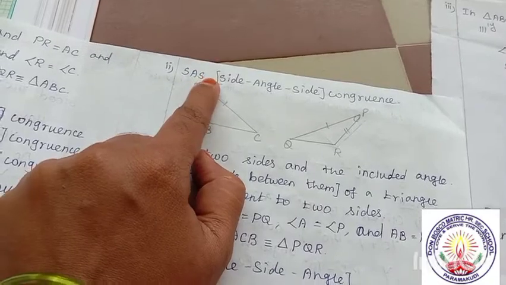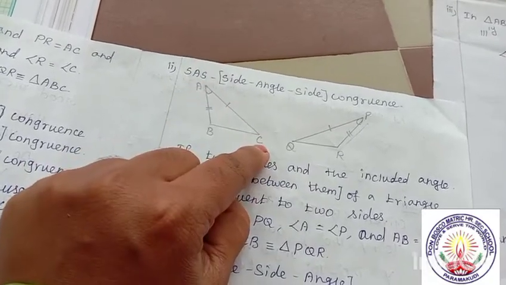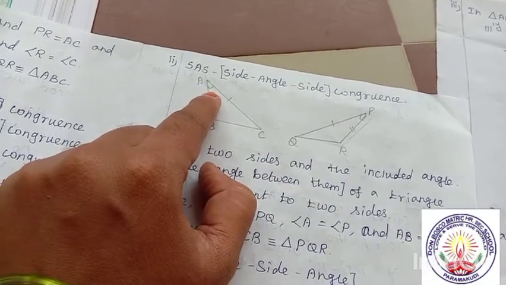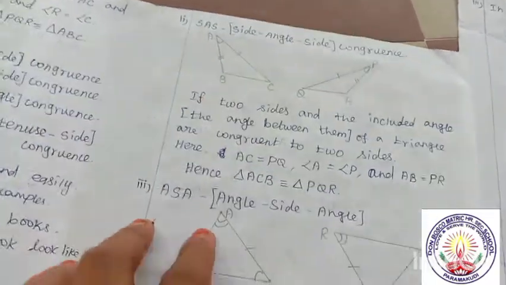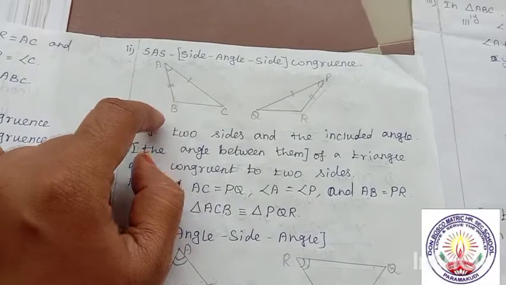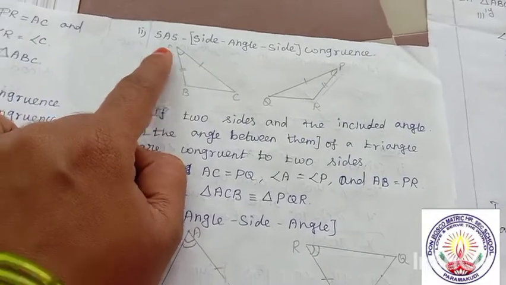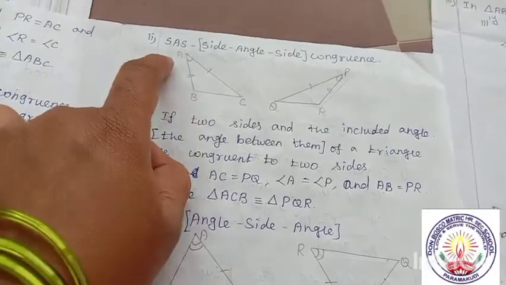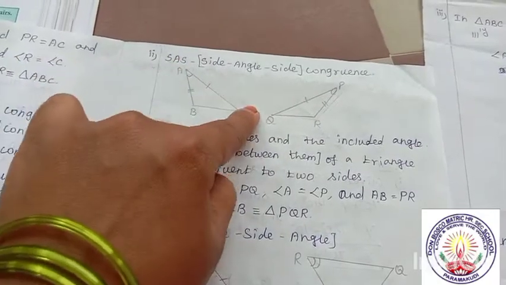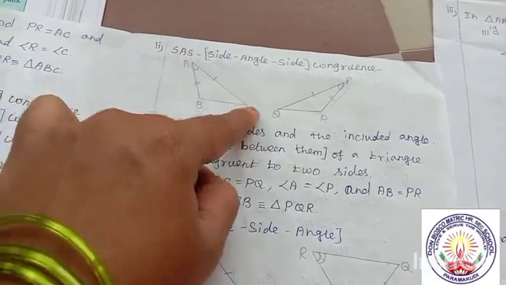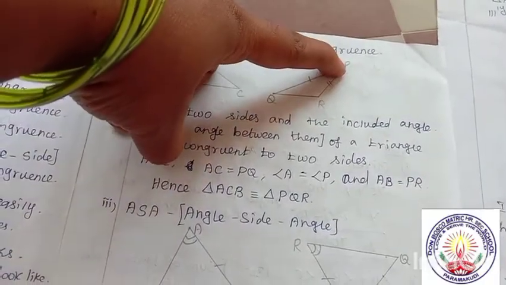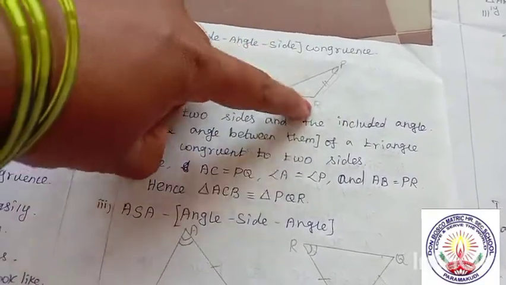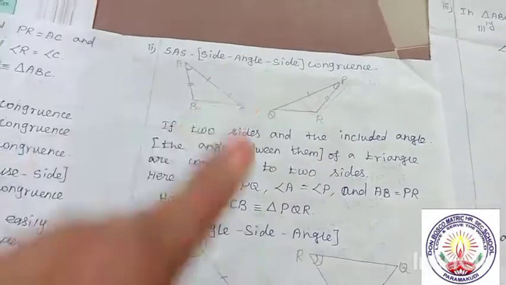Side, angle, side. AC is one side, angle A is the angle, AB is the other side. Hence triangle ABC is congruent to triangle PQR.